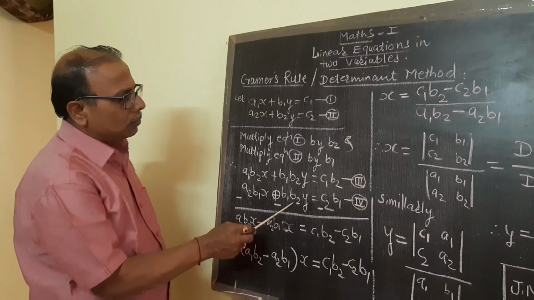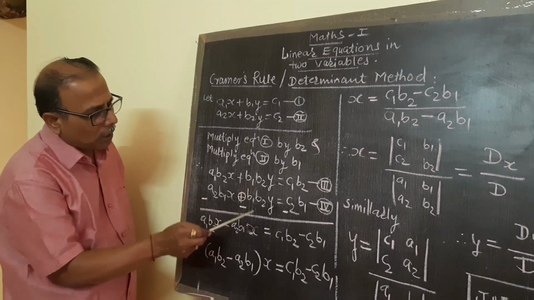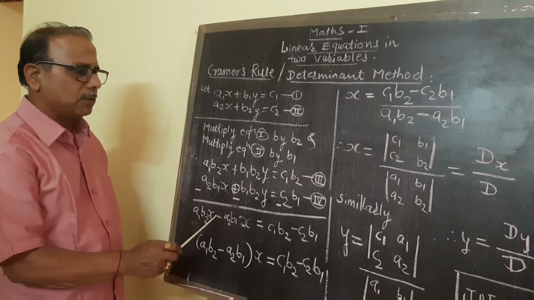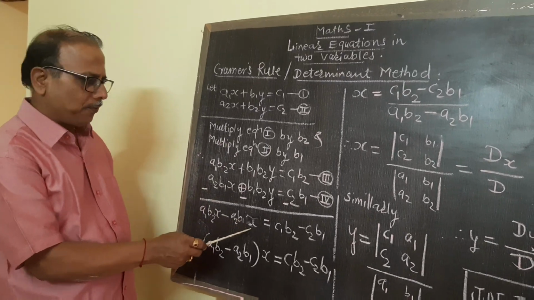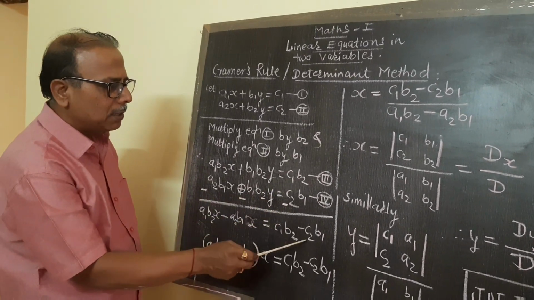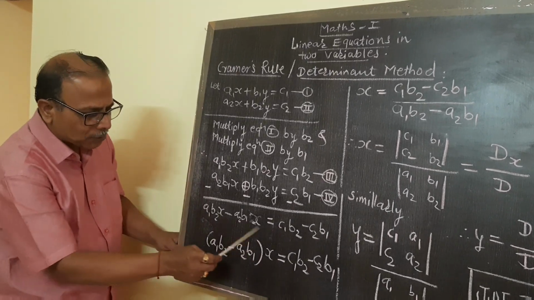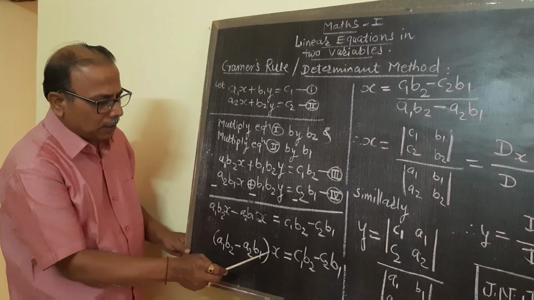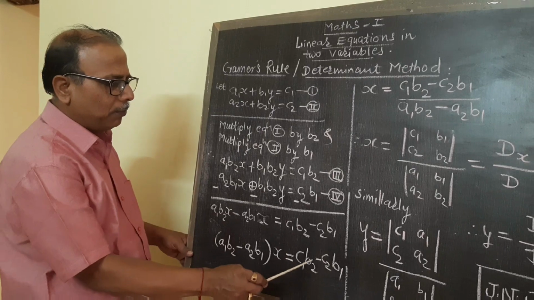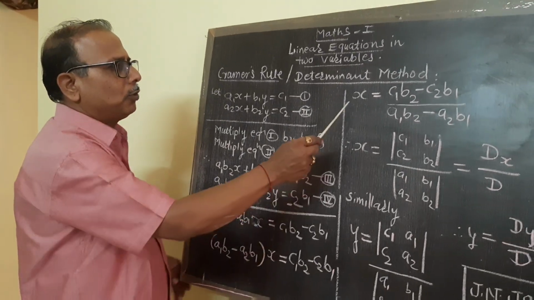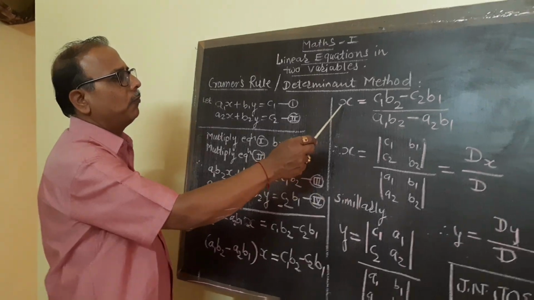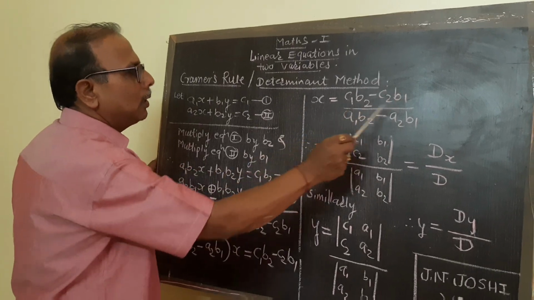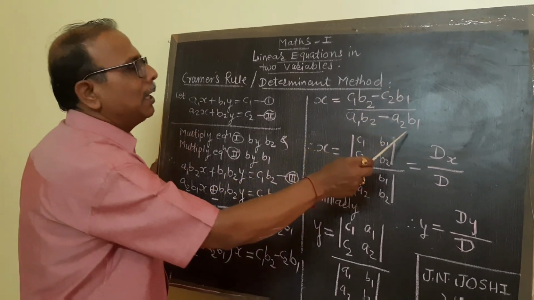The coefficients of y are equal, therefore the subtraction of these two is 0. a1 b2 x minus a2 b1 x is equal to c1 b2 minus c2 b1. Taking x common, we have (a1 b2 minus a2 b1) into x is equal to c1 b2 minus c2 b1. So x can be calculated like this: c1 b2 minus c2 b1 upon a1 b2 minus a2 b1.